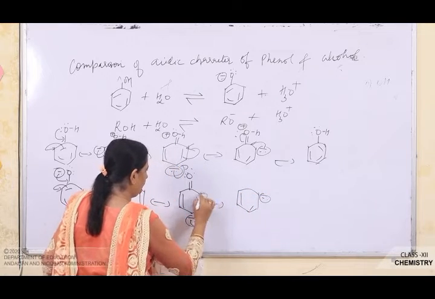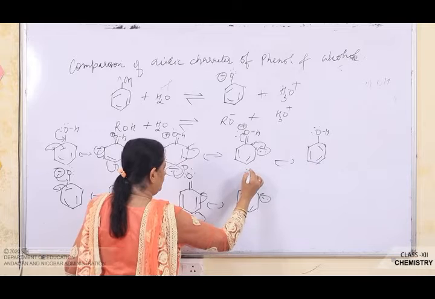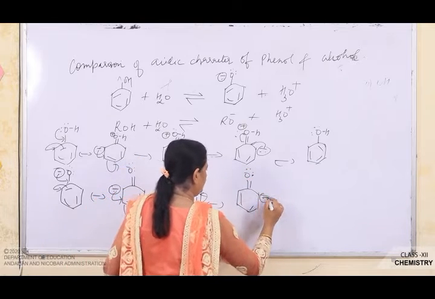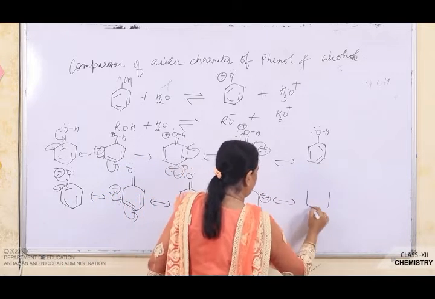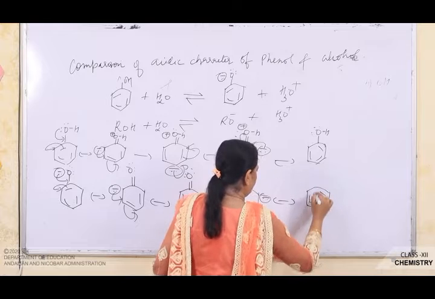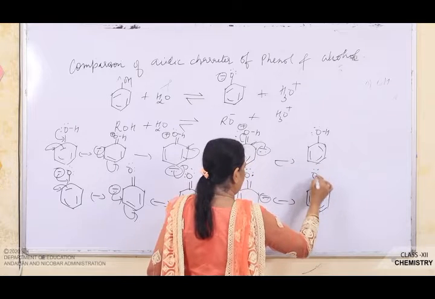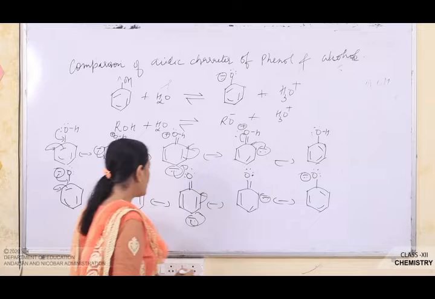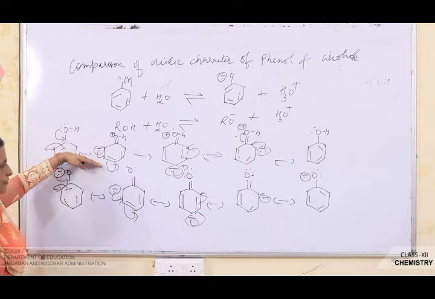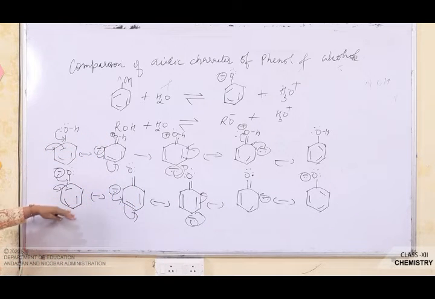See how? Now, when you compare the resonance structures of phenol and phenoxide ion, phenoxide ion is more resonance stabilized. Why is phenoxide ion more resonance stabilized?